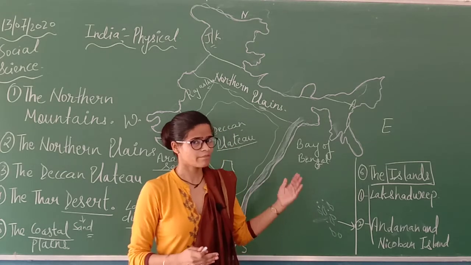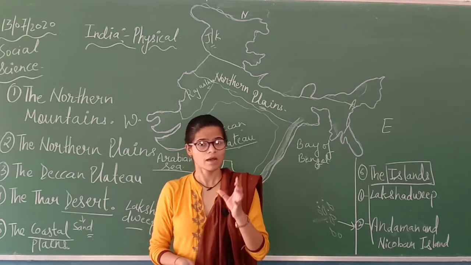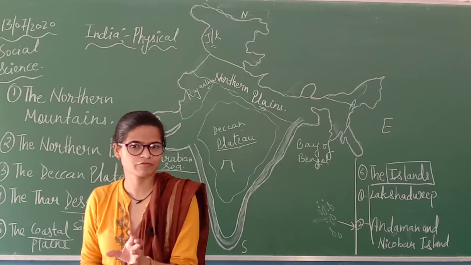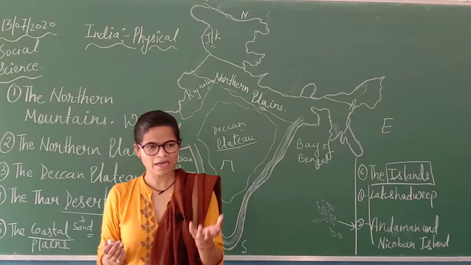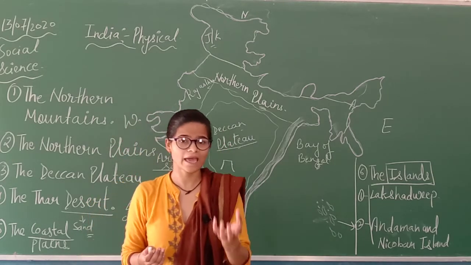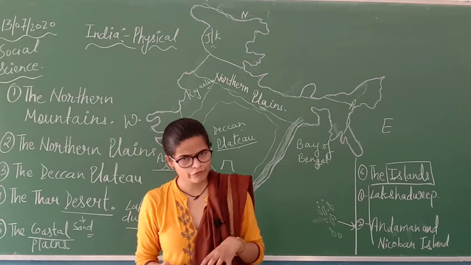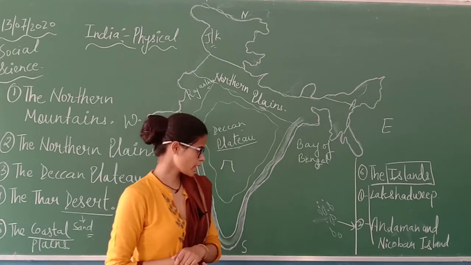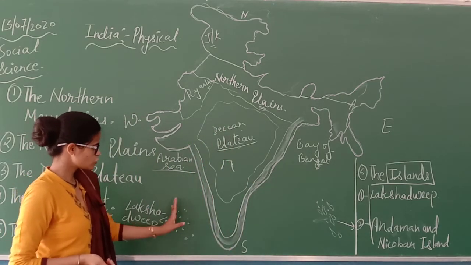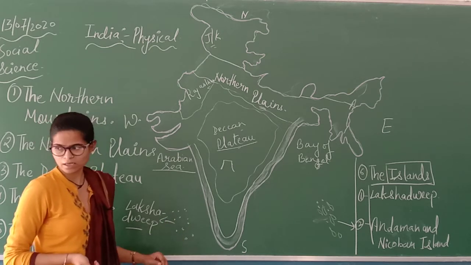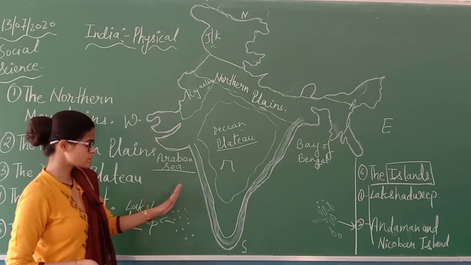In the same way islands are also similar, but here islands are slightly different because an island is a part of land which is covered by water on all 4 sides. अगर आप यहाँ पे भी देखोगे, if you see Lakshadweep, तो ये जो छोटे छोटे islands है, इनके चारों तरफ पानी ही पानी है, अरेबियन सी है.